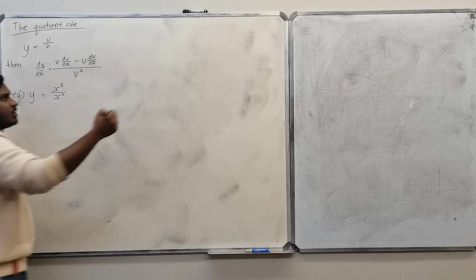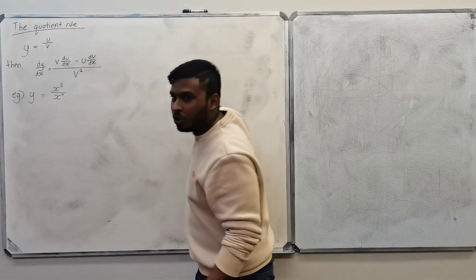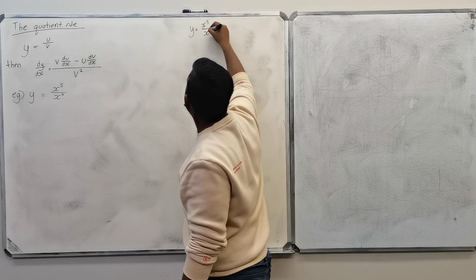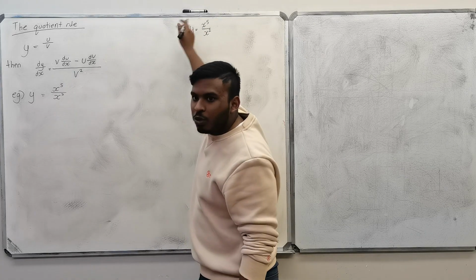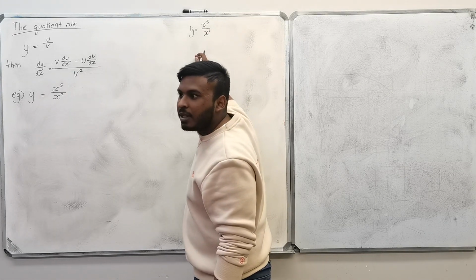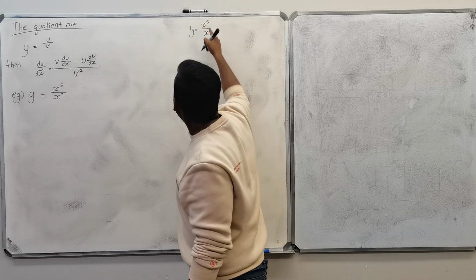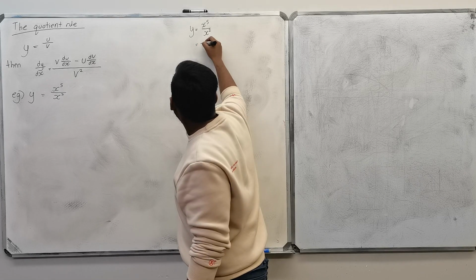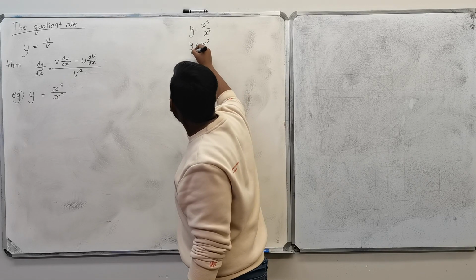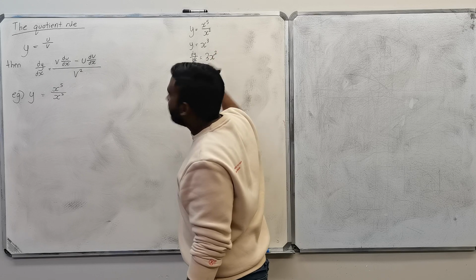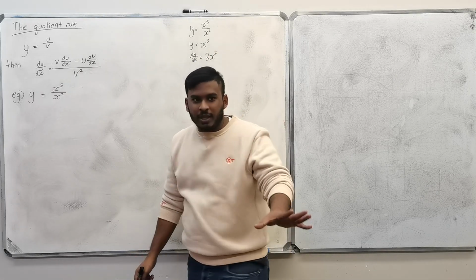There's a short method of doing this, but if they never told us to use the quotient rule, y is equal to x to the 5 all over x to the 2. With the rules of this, it's the same base being divided, you subtract the indices, right? So 5 minus 2 would have been x cubed. So dy over dx would have been 3x squared. Short method, right?